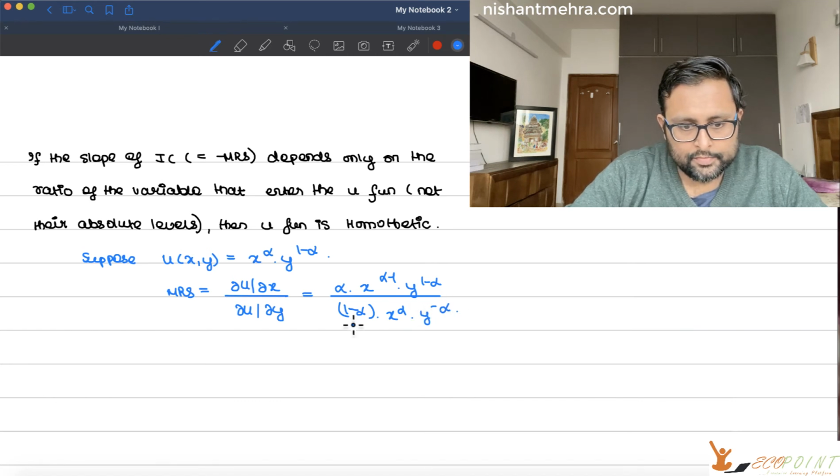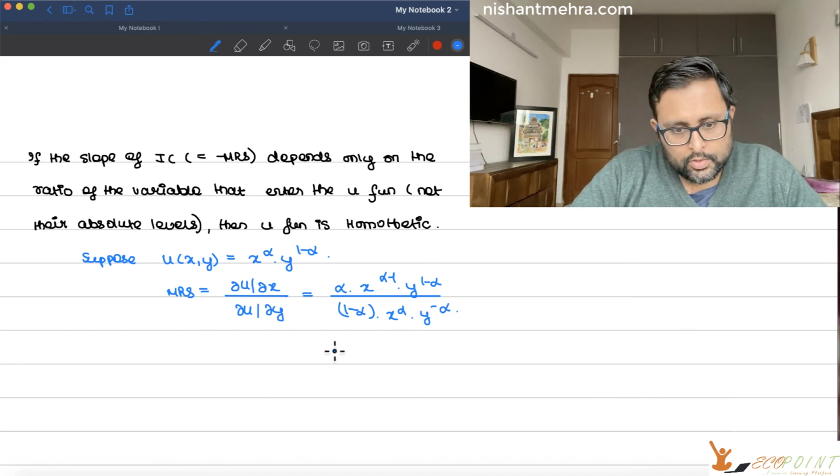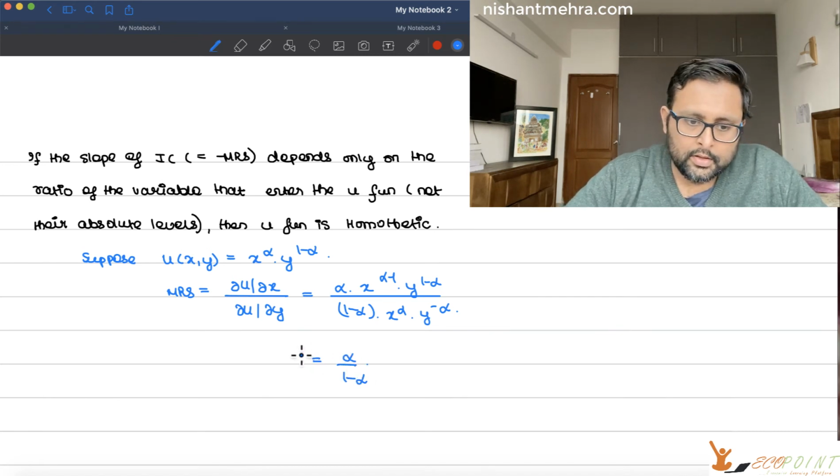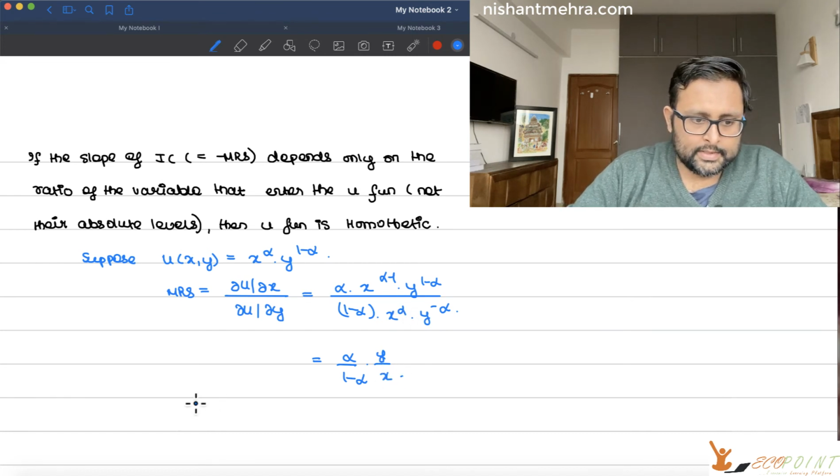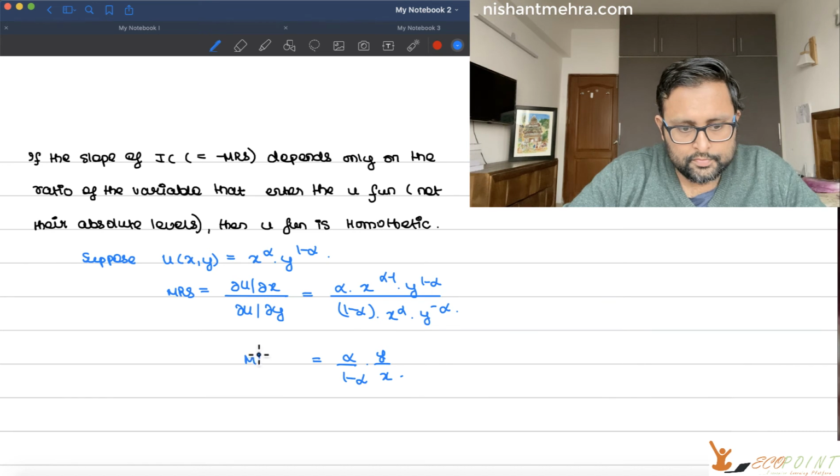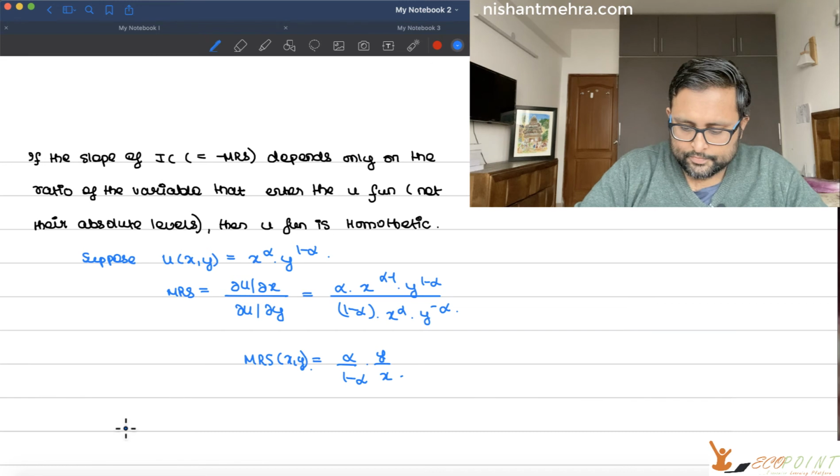If you just write this, it becomes alpha upon 1 minus alpha, and y goes up, so it becomes y to the power 1 minus alpha plus alpha, which is just y, and x to the power alpha minus 1 when it comes down becomes x to the power alpha minus alpha plus 1, so it becomes x. So this is what your MRS is, and as you can see, it is dependent upon x and y.